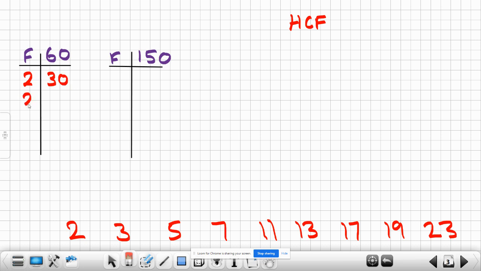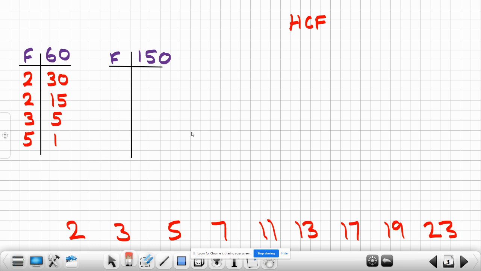Still even, I'm going to divide by 2 again, and I get 15. 15, no longer even, but it does have a factor of 3, so I divide by 3, and I'm left with 5. 5 is a prime number, so I'll divide by 5, and there we go, we're down to 1. So that is 60's factors.